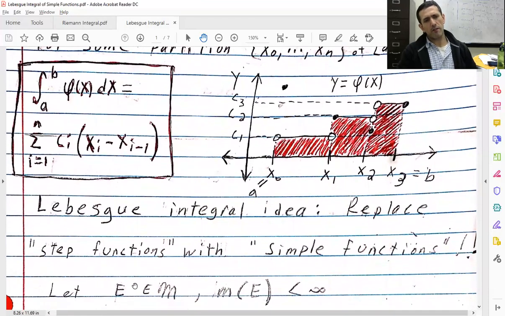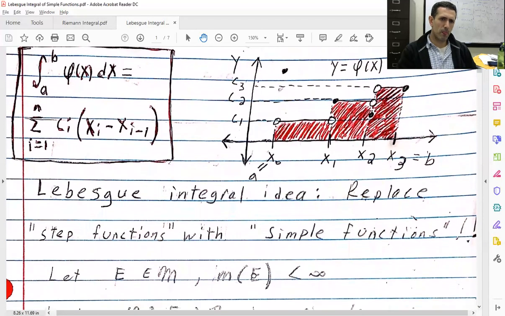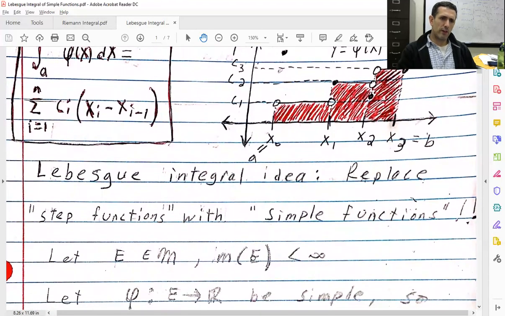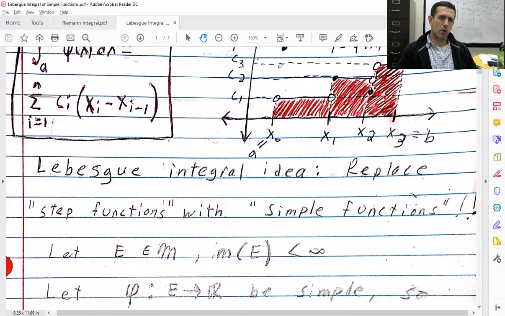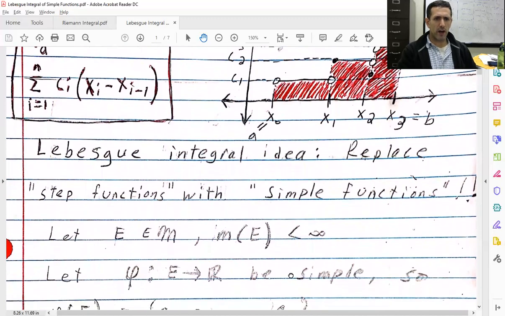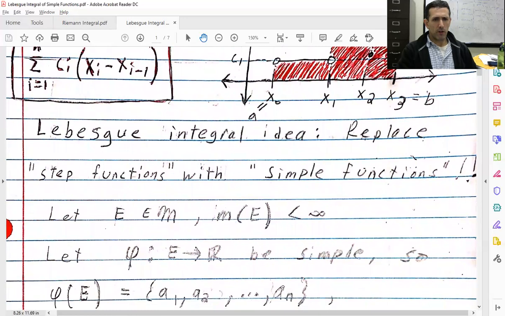right, so let's say we have a measurable set. We're going to start off assuming, as I mentioned, that E has finite Lebesgue measure. So let's say phi is a simple function, so it's measurable, and it has a finite range, meaning it takes on a finite number of values. Let's say the range, the direct image of E under phi, is a1, a2 through aN.